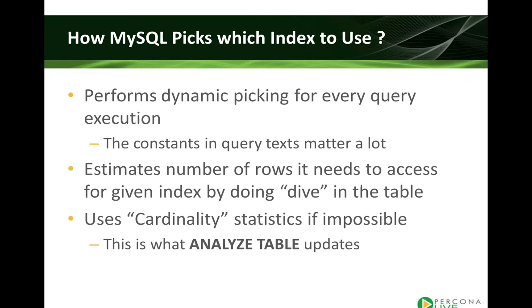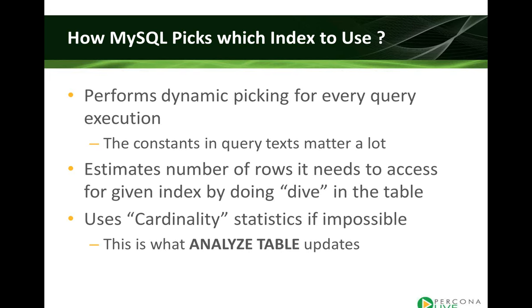Let's now talk in a little bit more detail about how MySQL chooses the indexes. What MySQL does is it performs dynamic sampling for every query execution. It doesn't just look at the query, prepare and plan, and then use the stats forever as constants change. So constants which are in the query are very important and the plan will depend a lot on them.